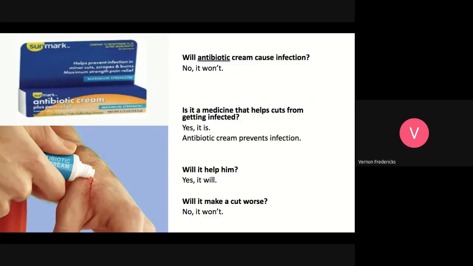Will it help him? Yes, it will. Will it make a cut worse? No, it won't. It will make the cut heal. So we use antibiotic cream to make sure that the cut doesn't get infected, and it will help the patient to get better.